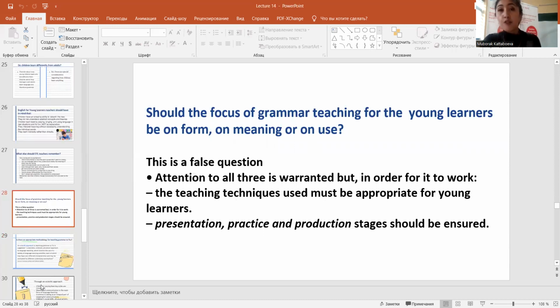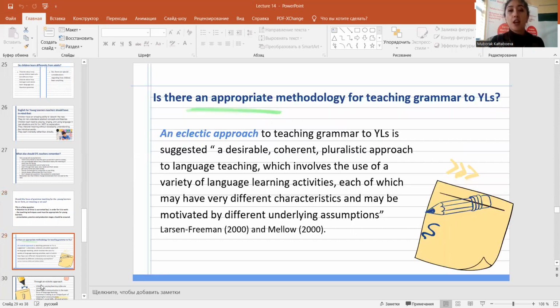I'll answer that. First of all, this is a false question. Attention to all three is warranted, but in order for it to work, teaching techniques must be appropriate for young learners. I mean, presentation, practice, and production should be ensured. Every stage in your class should be there.